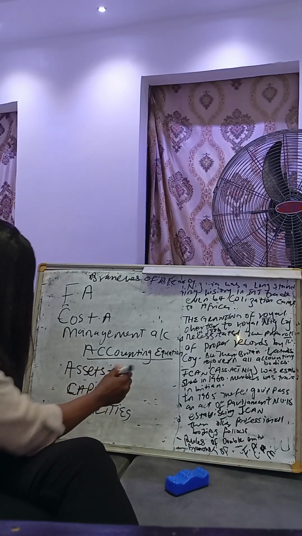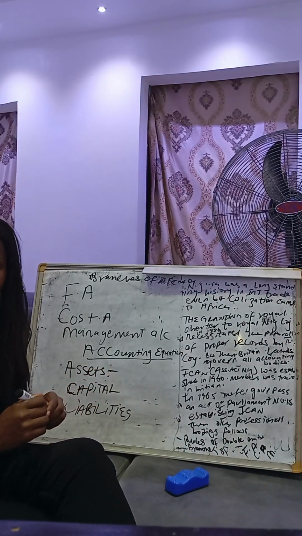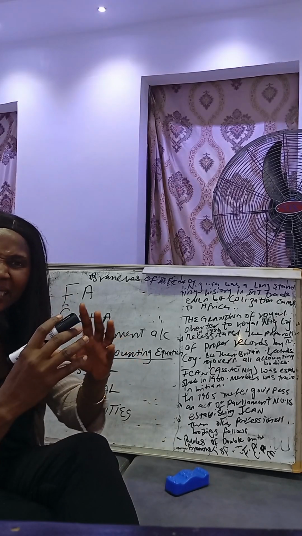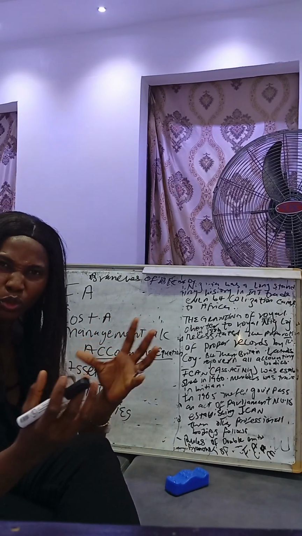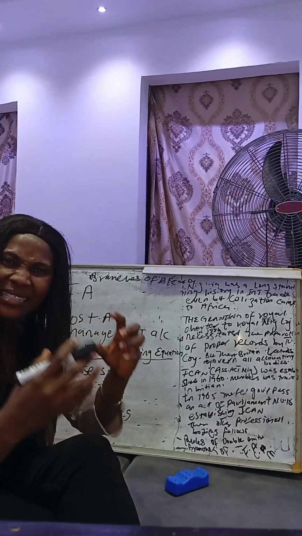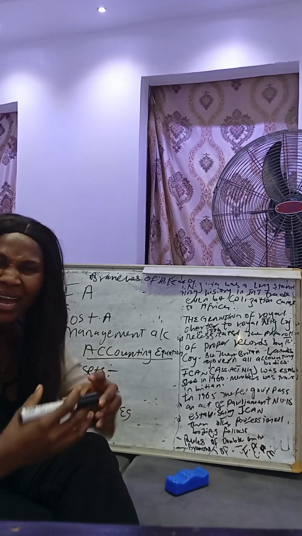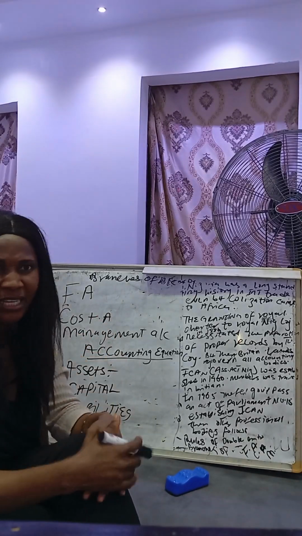Assets, capital, and liabilities. Remember in our previous class, I told you what an asset is. I said anything an organization can control, anything that has monetary value, which an organization or an individual has control over, is your asset.